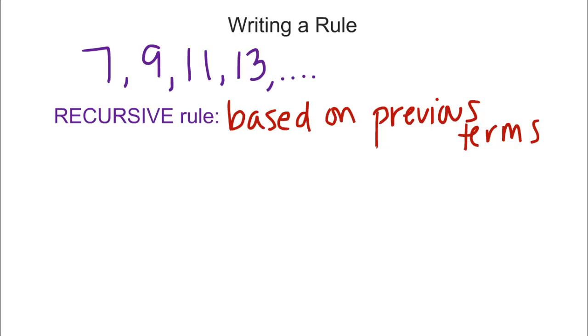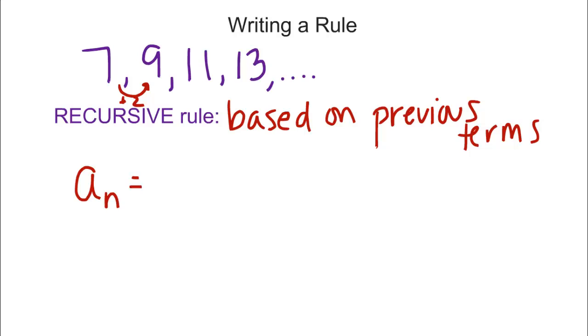How would we write that? Well, using our notation, I would like a rule to describe the nth term. I need to know, how do I get the 16th term or the 10th term? How do I get a sub 16 or a sub 10? How do I get a sub n? Let's try to write a general rule here. For our specific sequence, we always added 2 to the previous term.